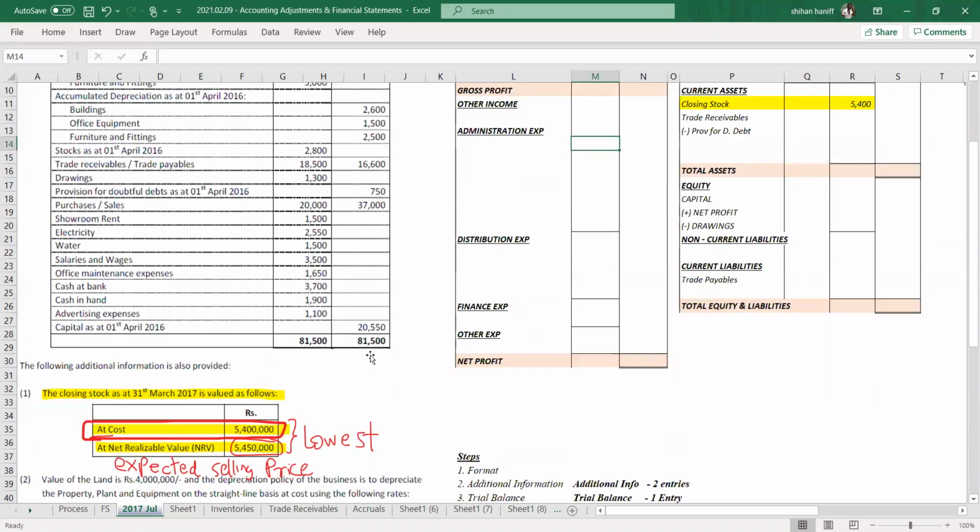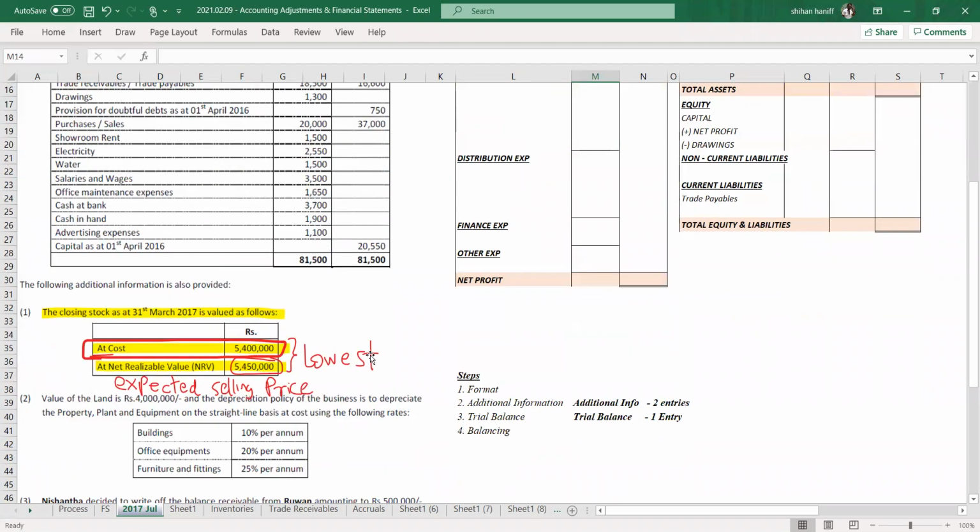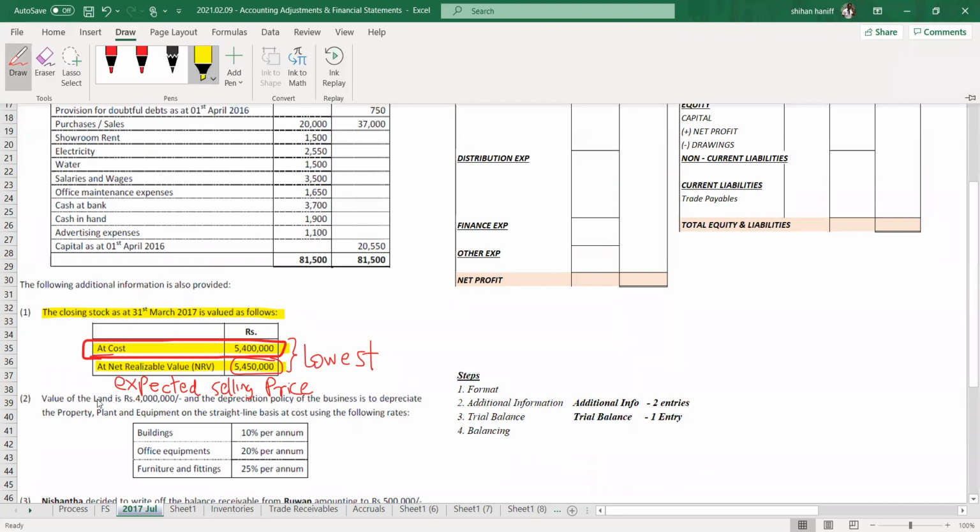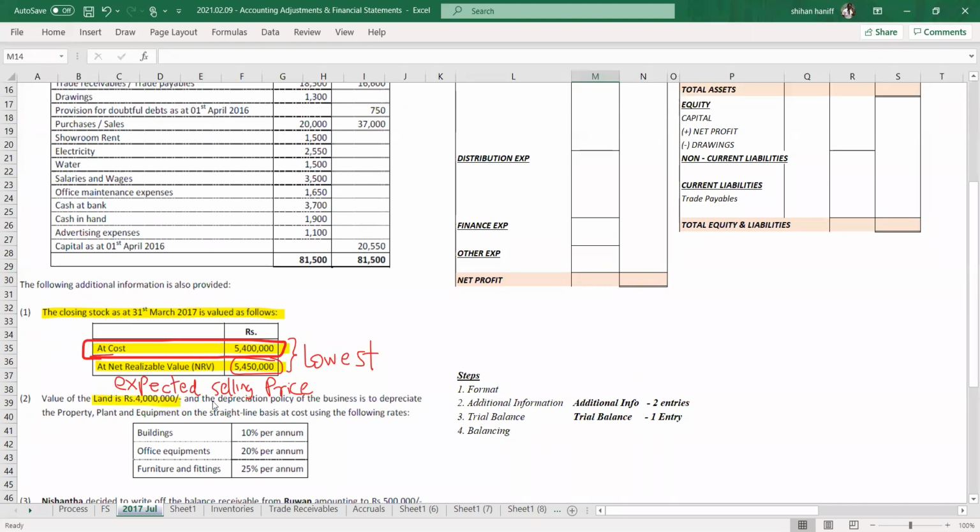In the second adjustment, the value of the land is 4 million. And the depreciation policy of the business is to depreciate the property, plant and equipment on a straight line basis at cost using the following rates.